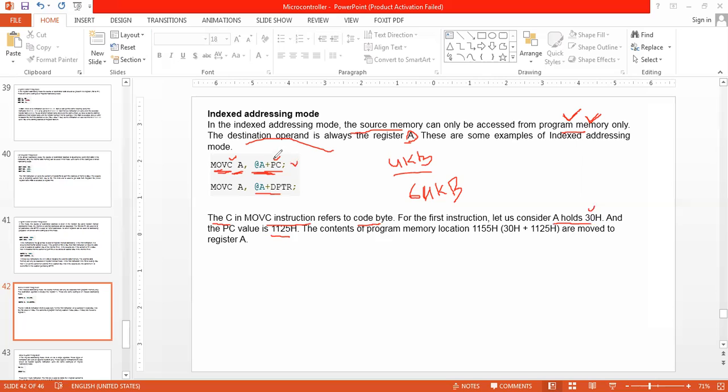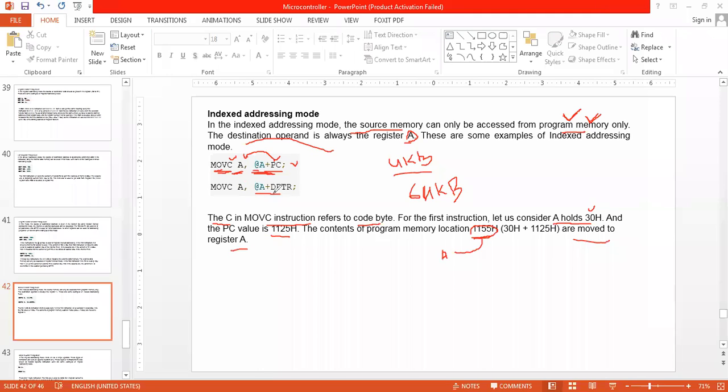Then 1125H plus 30H gives a total of 1155H. From this memory location, whatever data is present is going to be stored in the A register.